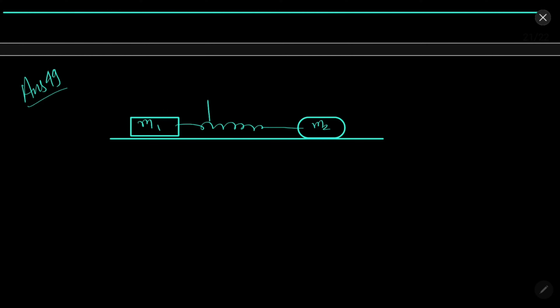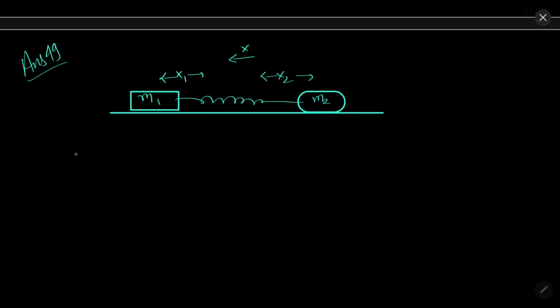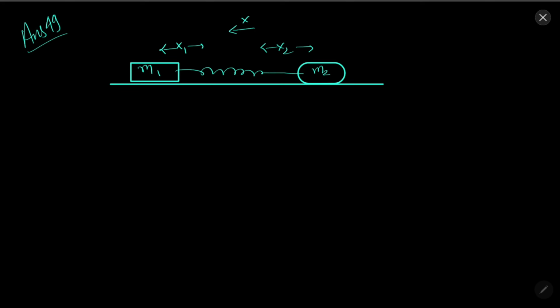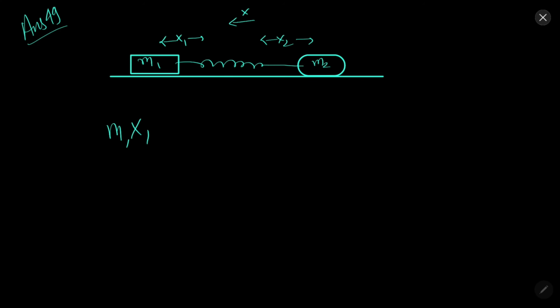Let's say this is X1, this is X2, and let's say they stretch by X. So quite simple, M1 X1 will be equal to M2 X2.